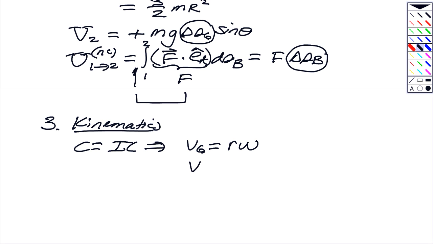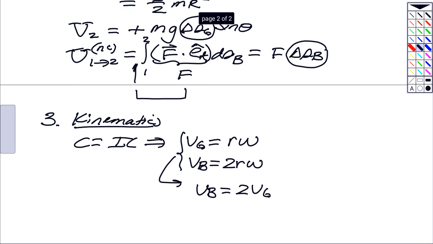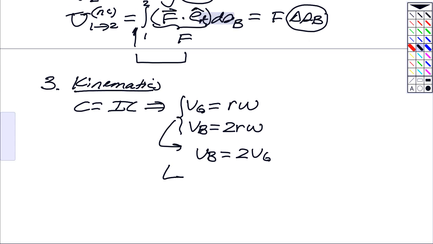By the same argument, V_B is equal to 2r omega. B is a distance of 2r from C. So from this we see that V_B is equal to twice V_G. The top point moves twice as fast as the midpoint. And if we integrate this over time, we get that delta S_B is equal to 2 delta S_G.